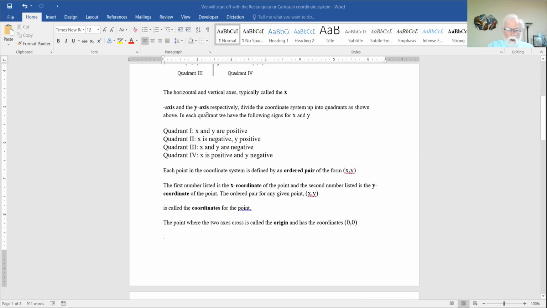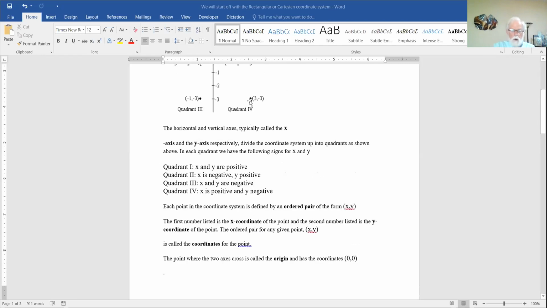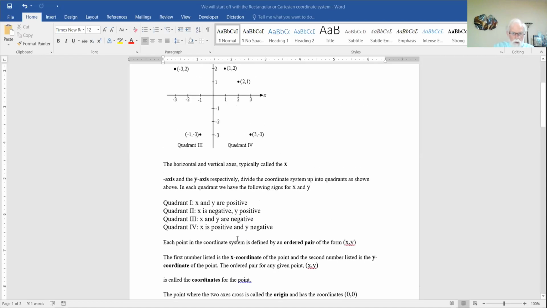So we call these points where the value of x and y are in parentheses an ordered pair. And we call it an ordered pair because it's always x and then y. So the order counts. This ordered pair is also called the coordinates for the point.